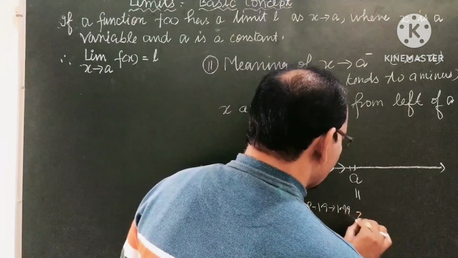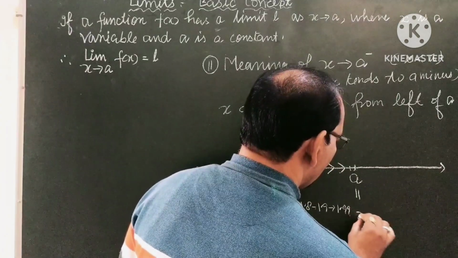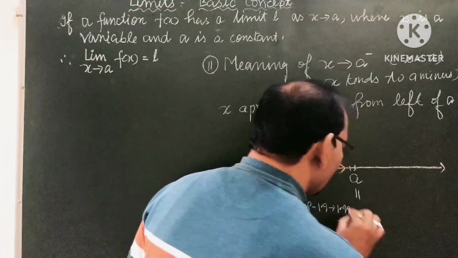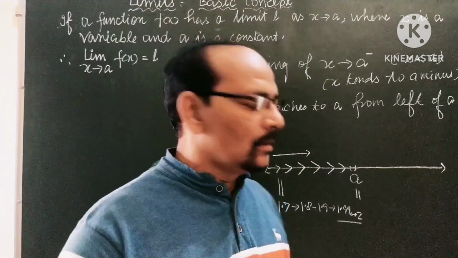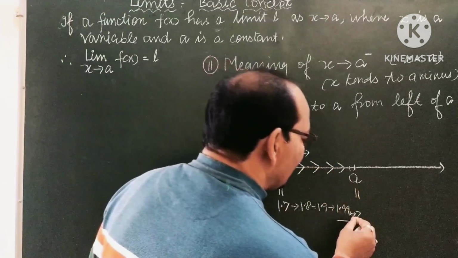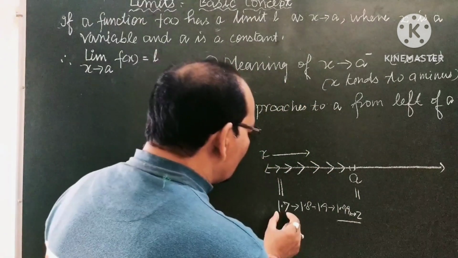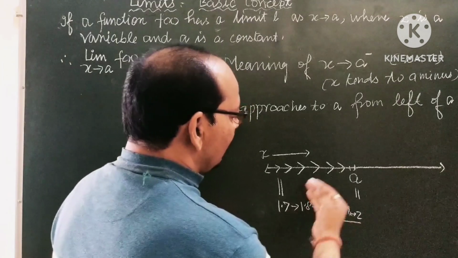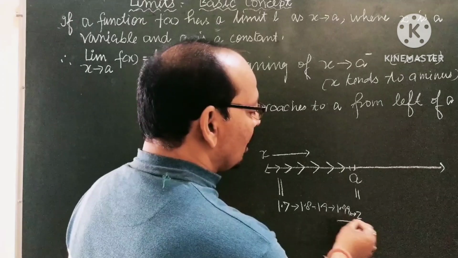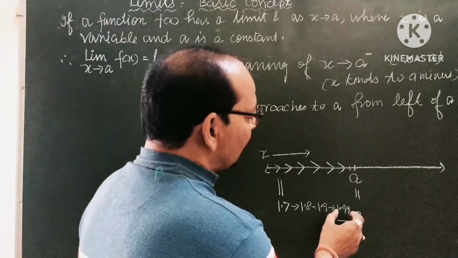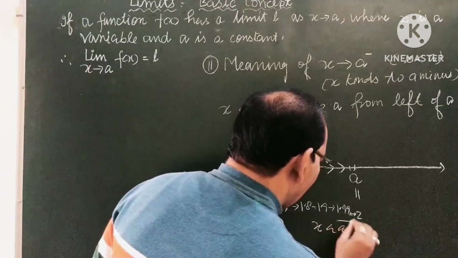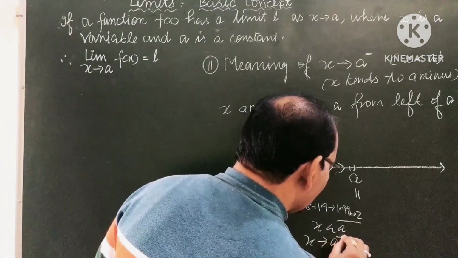The distance between x and a will be very small as possible, and 1.7 increasing from the left will go near to 2. Therefore, in this condition, x less than a or x tends to a minus.